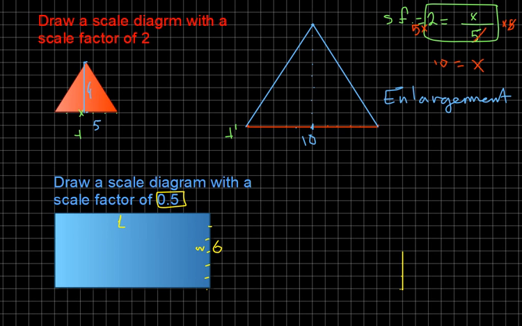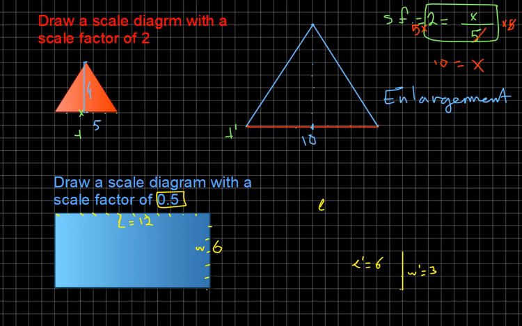The length we have 1, 2, 3, 4, 5, 6, 7, 8, 9, 10, 11, 12. So here the length is 12. Width prime is 3. So length prime is going to be 6, because we multiply 12 by 0.5.